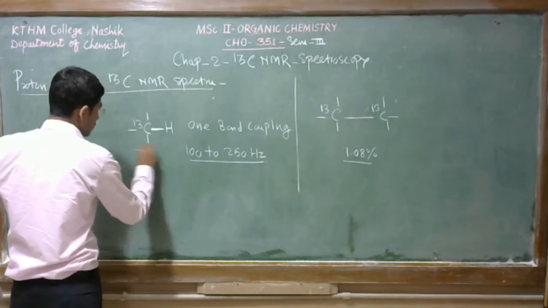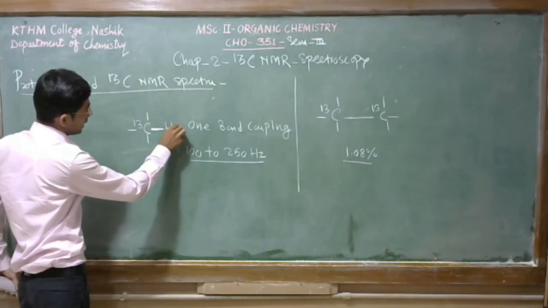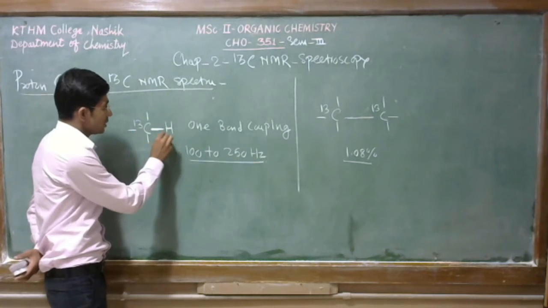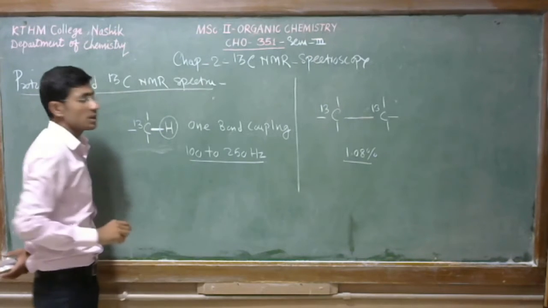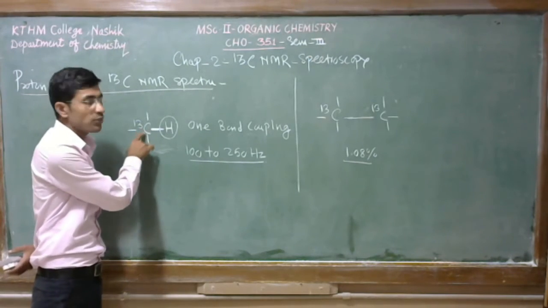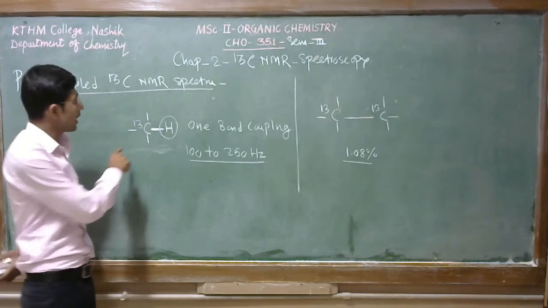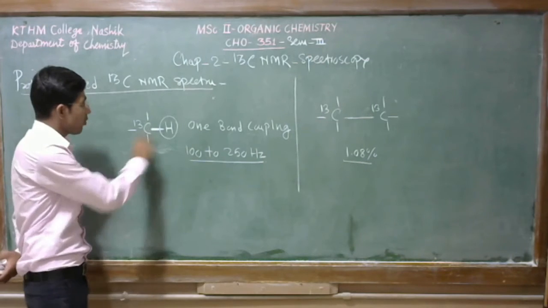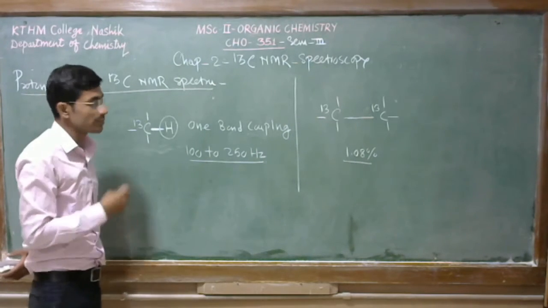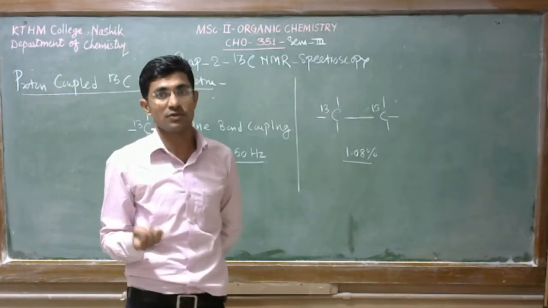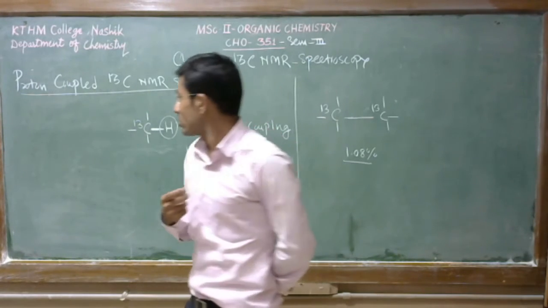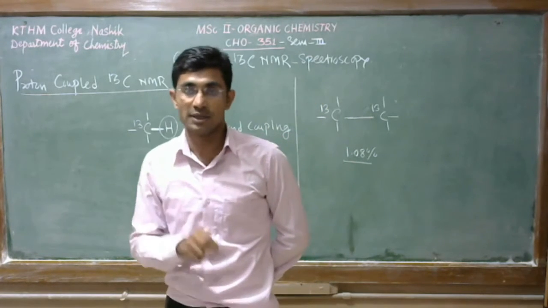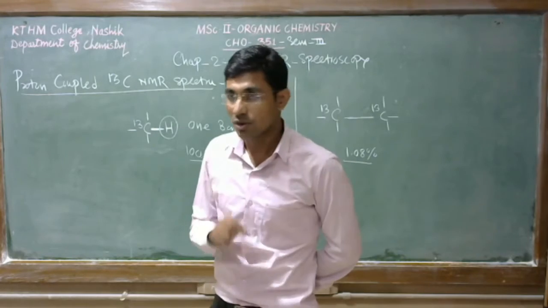Here the proton which is directly attached over the 13C carbon has its spin interacting with the spin of the 13C nucleus, and because of that we can observe one bond coupling and splitting. So the proton attached directly over the carbon splits it.